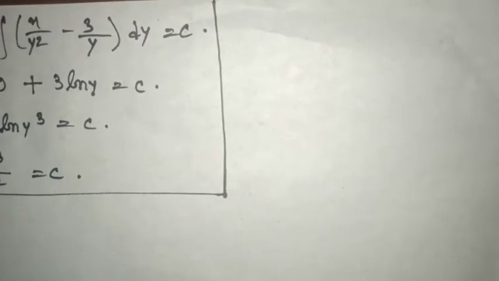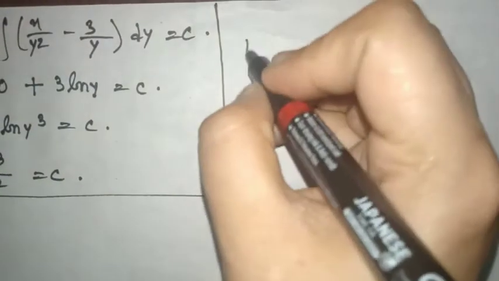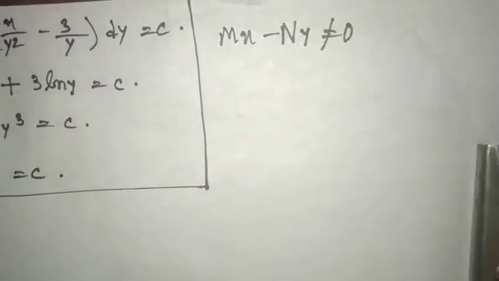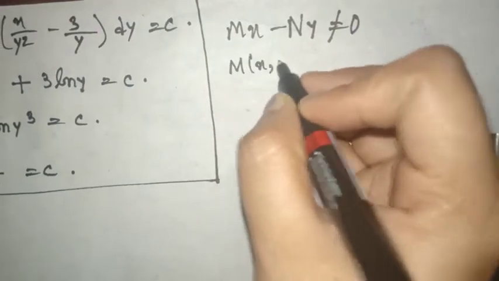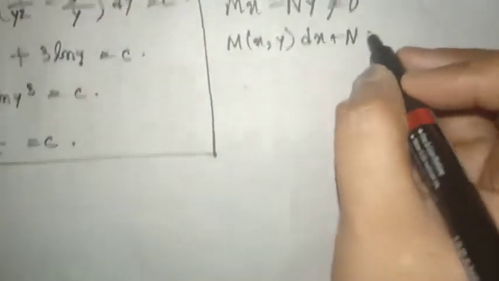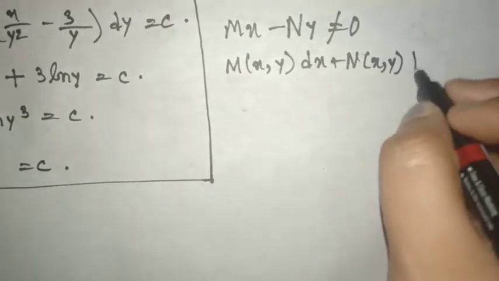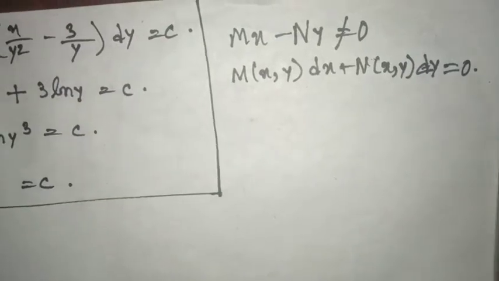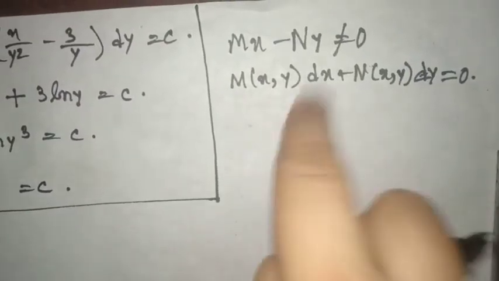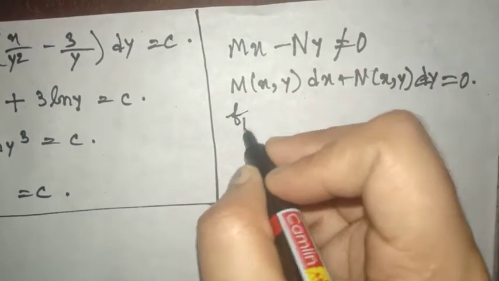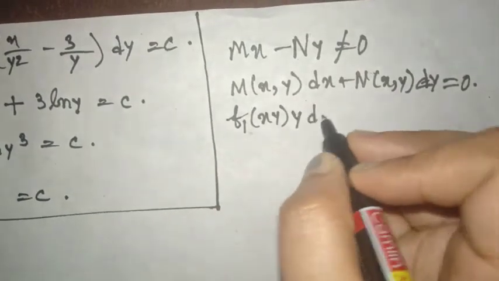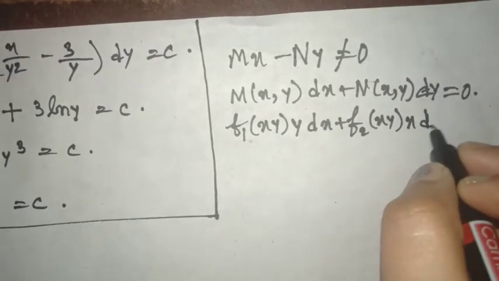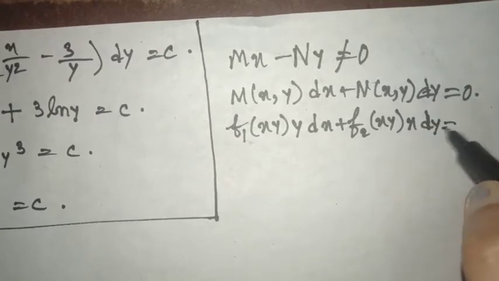Now let us see the second form, that is if Mx minus Ny is not equal to 0, and equation 1 is M(x,y) dx plus N(x,y) dy is equal to 0, and this is of the form f1(xy) y dx plus f2(xy) x dy is equal to 0.